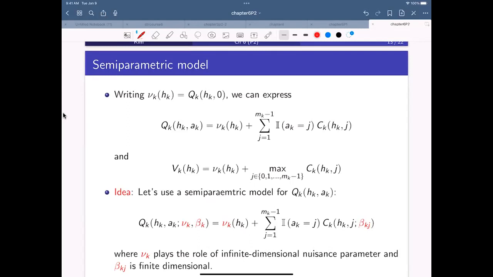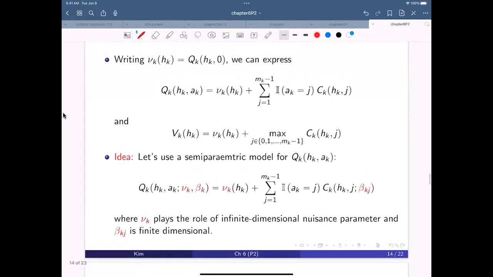And then the value function is the maximizer, so the maximum applied to the contrast. We still have the same baseline, but then we choose the maximum of them. So this is the value function.